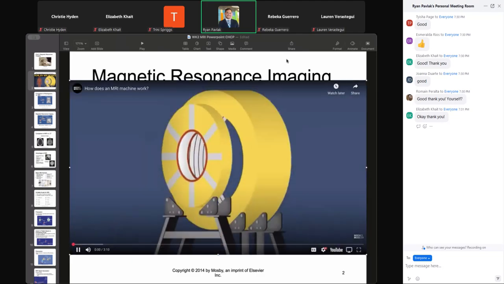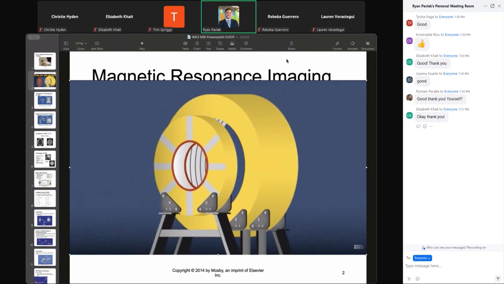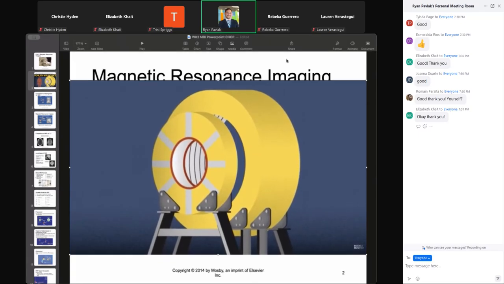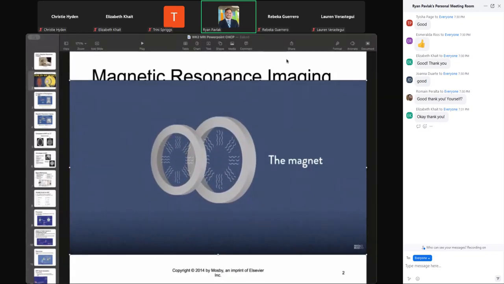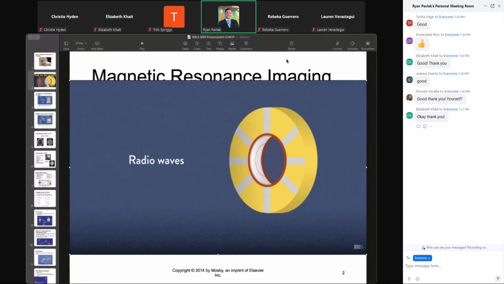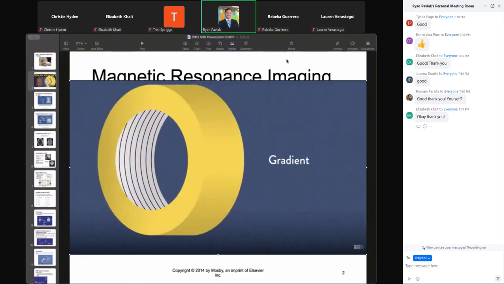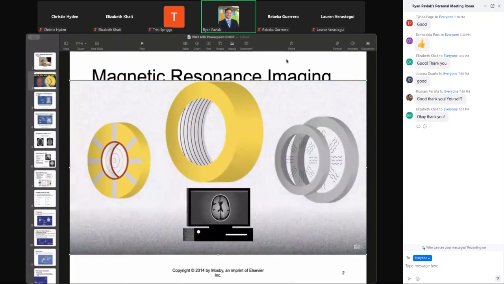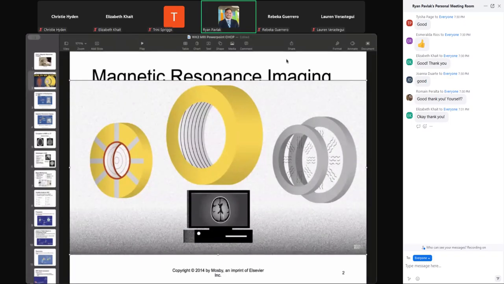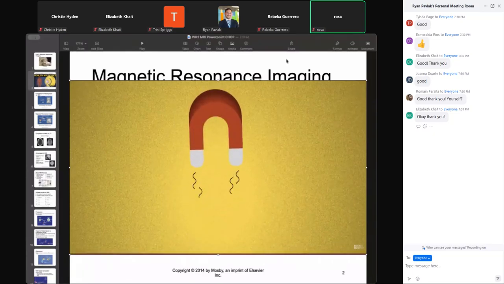MRI is a medical imaging device commonly used to examine the soft tissues of the human body. Let's meet the machine. The key components are the magnet, radio waves, gradient, and a computer. Our bodies are made up of 60% water, and water is magnetic.